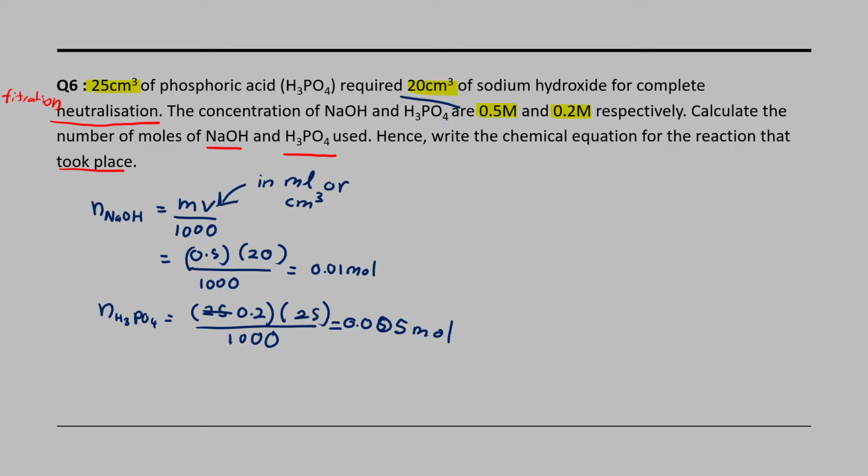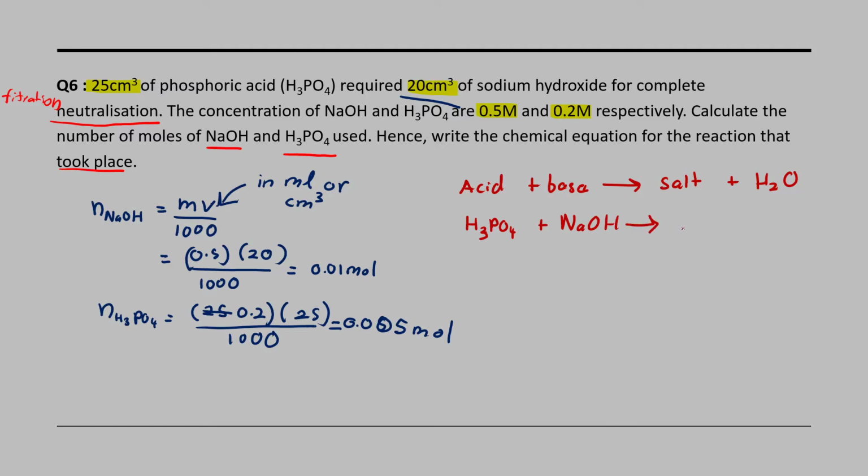So now we need the chemical equation. So for the chemical equation of acid plus base, we will always get a salt, any form of salt, and water, H2O. So now we know that we have the acid, which is phosphoric acid, H3PO4, plus the base NaOH.